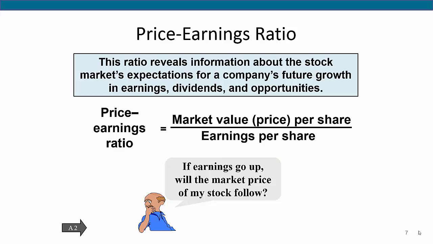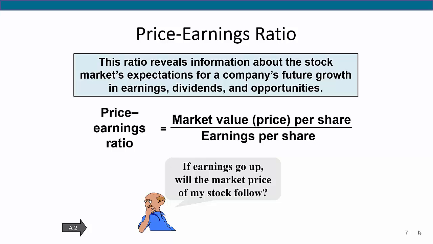A stock's market value is determined by its expected future cash flows. A comparison of a company's EPS and its market value per share reveals information about market expectations. This comparison is traditionally made using a PE or price earnings ratio, expressed also as price earnings, price to earnings, or PE.